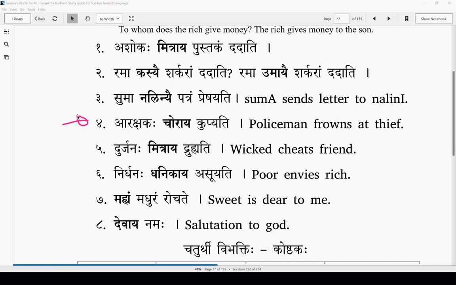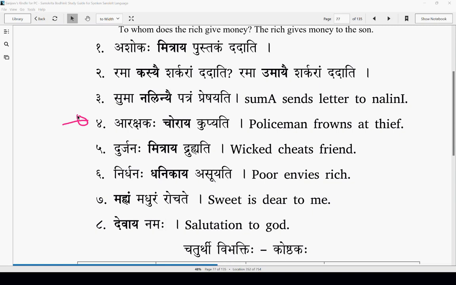So these Kupyati, Drushyati, and the next one is Asuyati, I feel envy about somebody. So in these words, when they are used, towards what you are getting angry, or towards whom you are cheating, or towards whom you are feeling that envy.